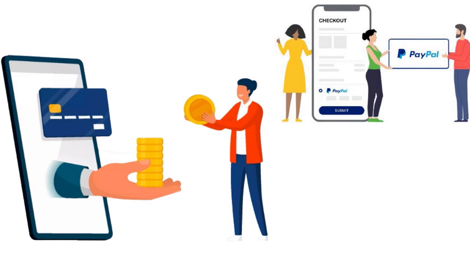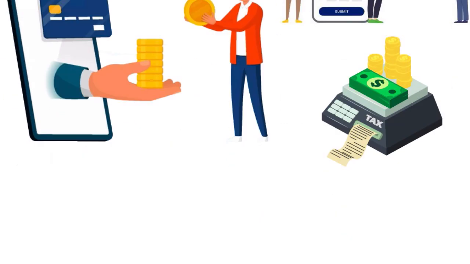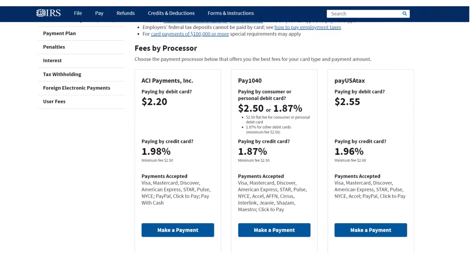So it's really important to remember that there are some fees that may apply, processing fees, that is, okay? And so if we were to look at the fees by processor, I want you to look on the screen right now. So here are the fees. So we have ACI payments, you have Pay 1040, and you have Pay USA Tax. So those are the three primary processors that the IRS works with, and they charge you based on the transaction, okay?